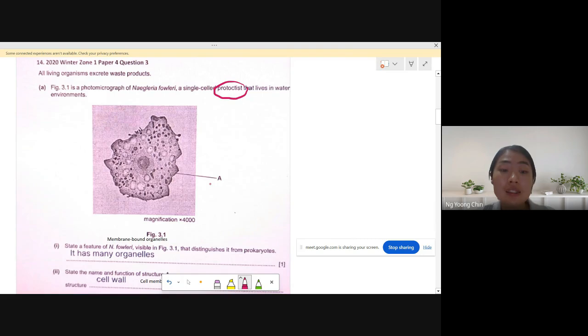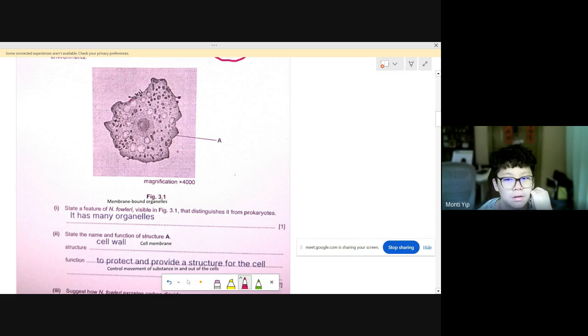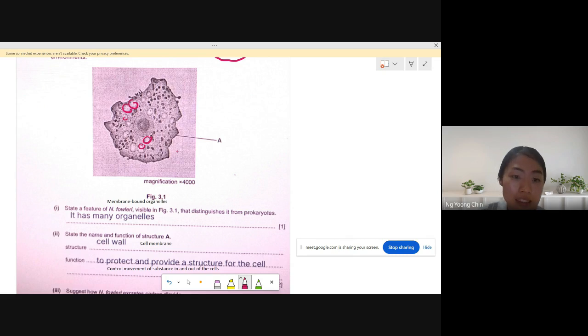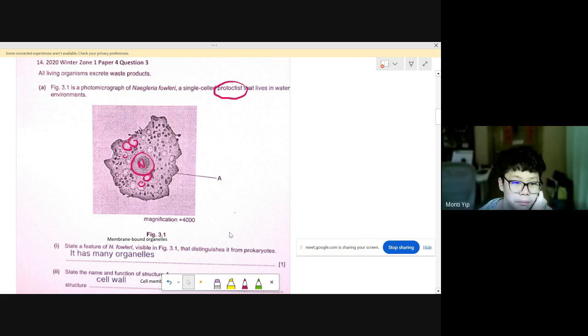Usually they have vacuoles, a lot of vacuoles inside, and the nucleus is here. The question asks how protists are different from prokaryotes.